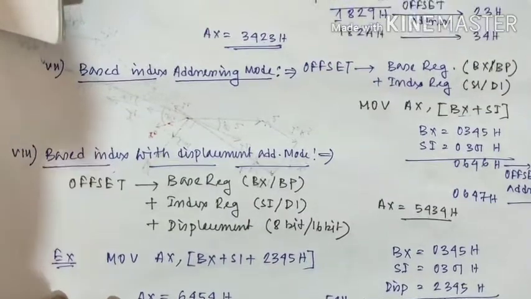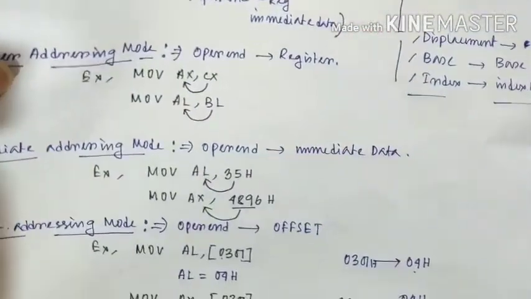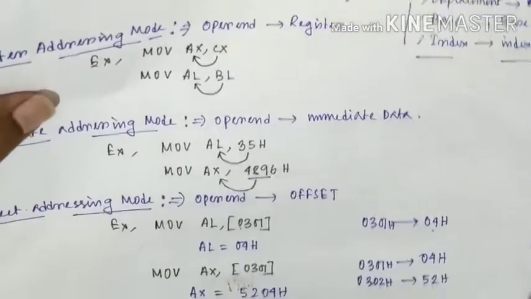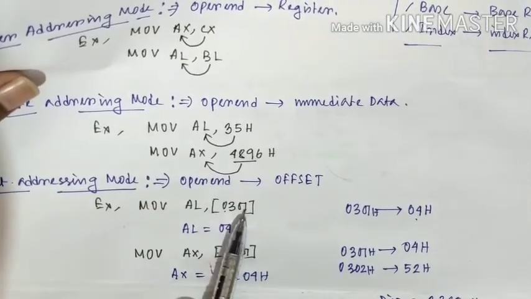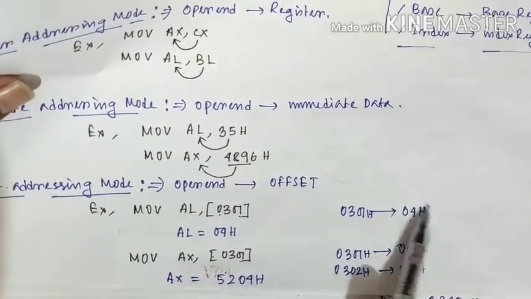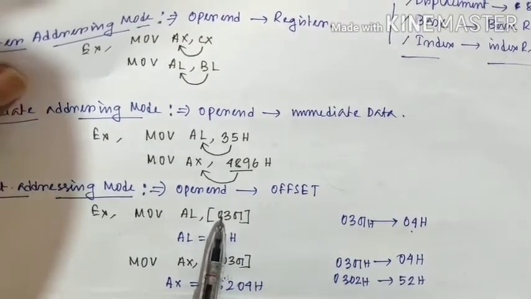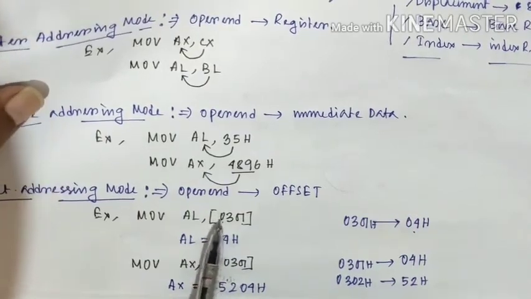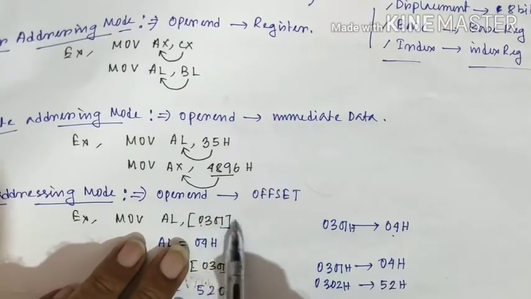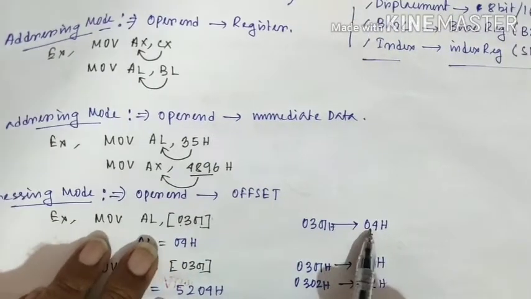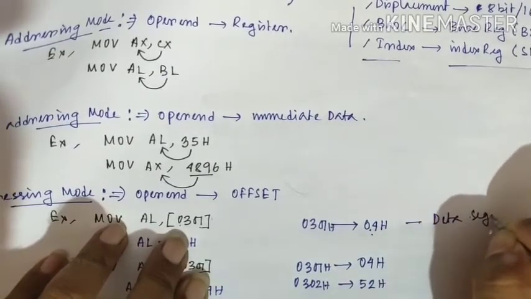Now, before ending, I should mention, take the example of this one. Suppose the offset here is 0301, and that offset can contain any value. I have taken the value as 04 hex. Now in this condition, if I want to understand what the exact physical address is, how do we determine that? We know this is the offset which contains data, that means we are talking about the data segment.